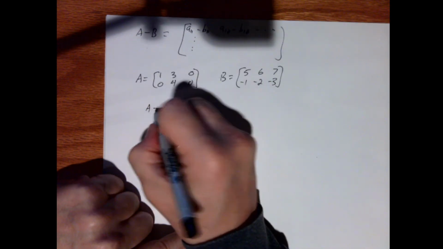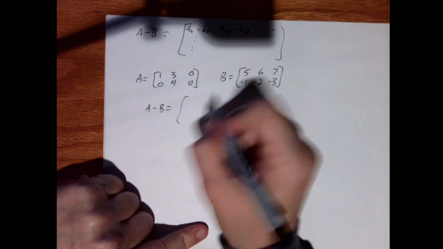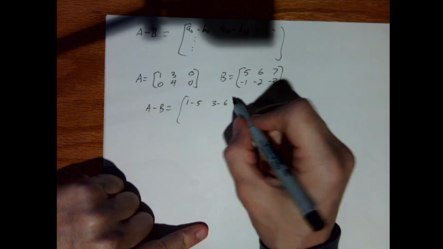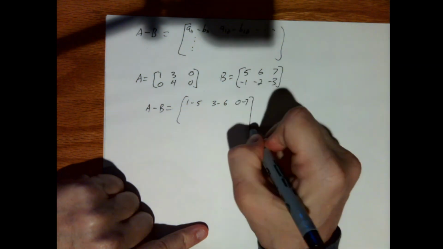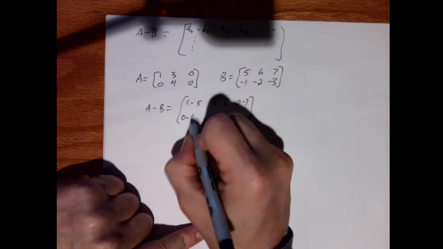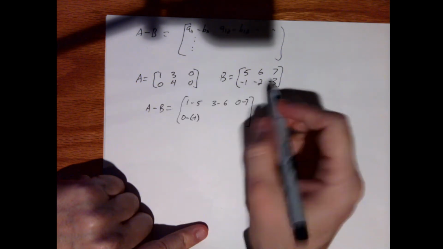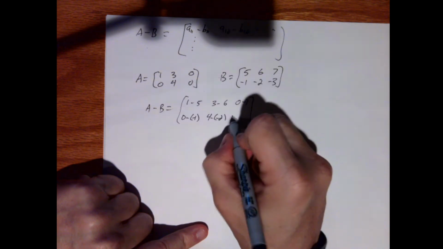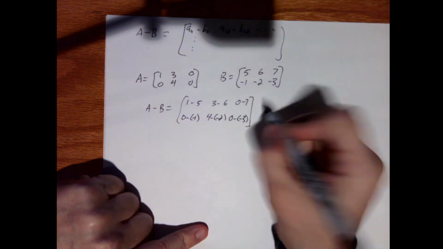So then A minus B will be equal to 1 minus 5 right here, 3 minus 6 right here, 0 minus 7 right here. And then 0 minus minus 1, 4 minus minus 2, 0 minus minus 3.